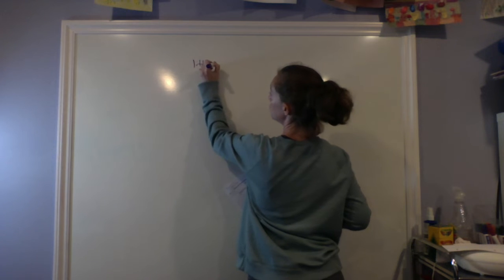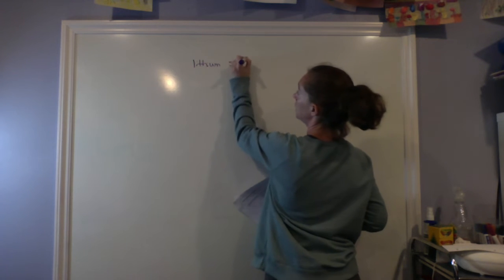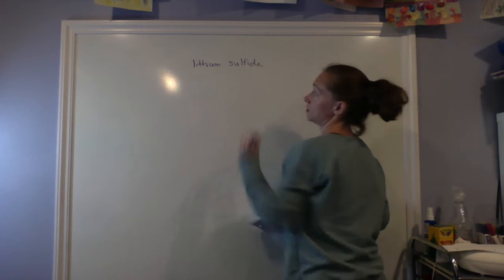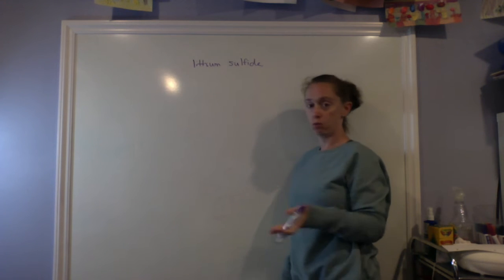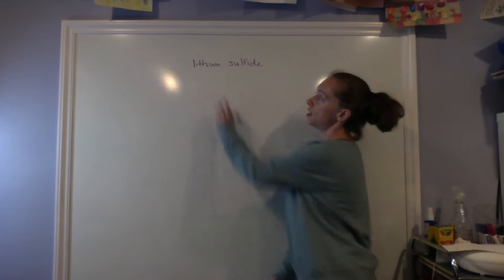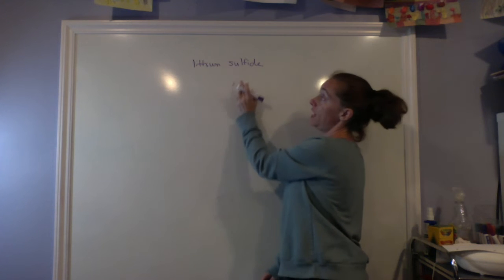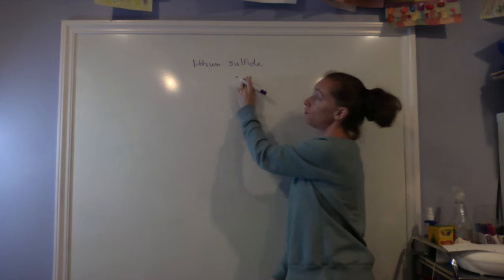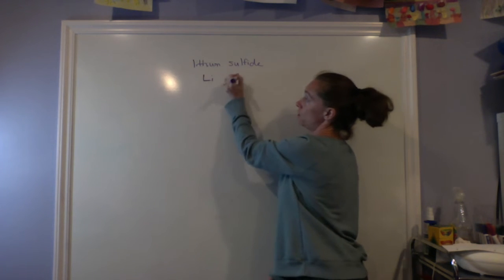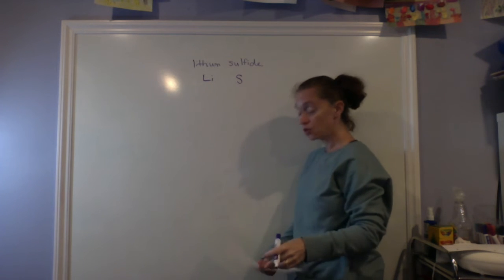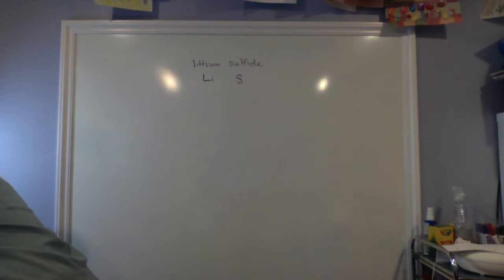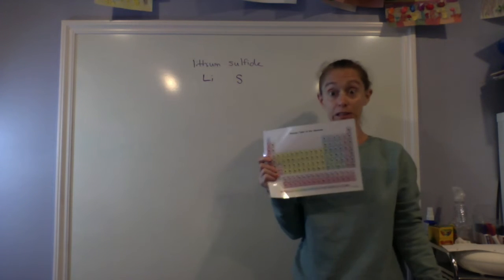If you are still struggling, you really need to take these steps. If you see the word lithium sulfide, the first thing you want to do is ask what elements are involved. Lithium's involved and sulfur is involved. So let's write the symbols for those 2 elements. If you don't know lithium's oxidation state, what do you use? Your best friend, the periodic table.